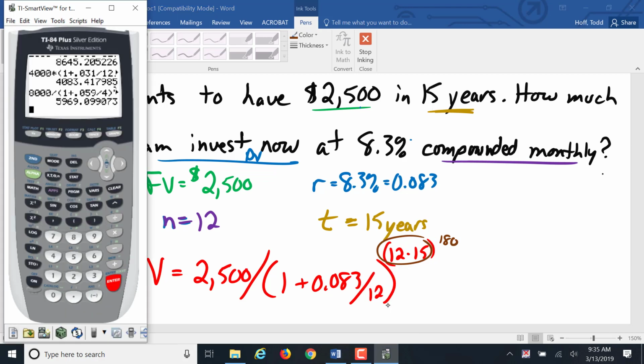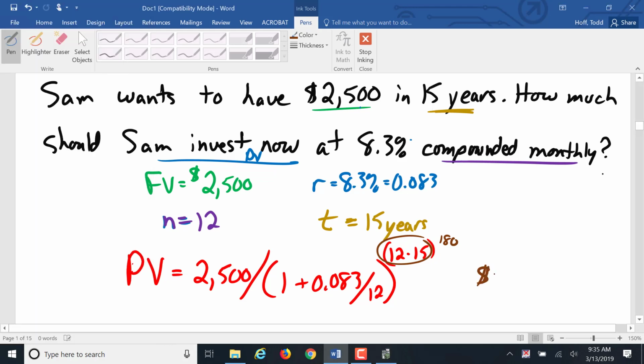So either way, our 2,500 divided by parentheses 1 plus 0.083 divided by 12. Close our parentheses, and then to the power of, I could just type in 180, which is what I would normally do, or I can put in the parentheses 12 times 15 and close those parentheses. Hit equals, $722.94.